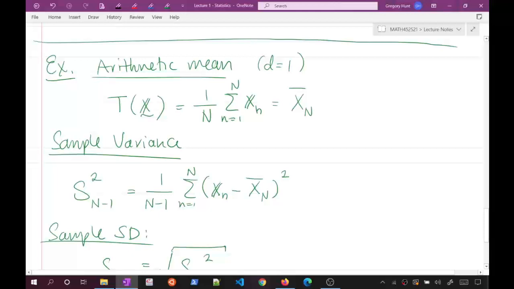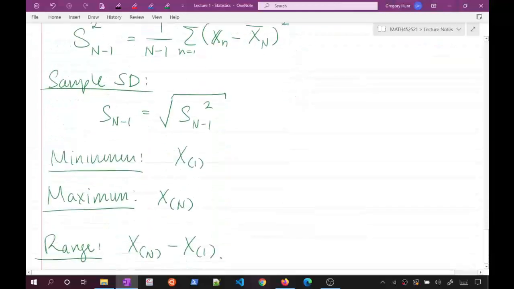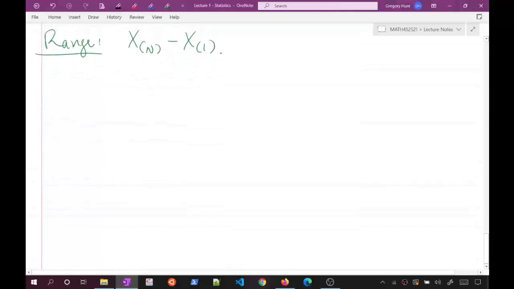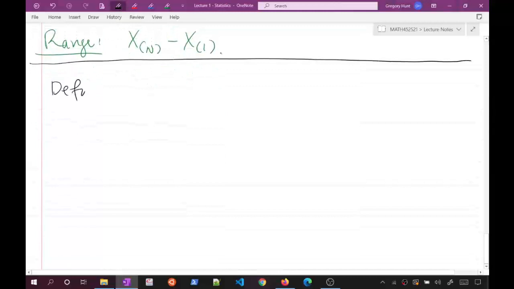What are the properties of the arithmetic mean if my data is exponential? Well, what I need to do is know something about transformations of random variables. And that's why a lot of 451 is kind of building up to this course, building up to transformations. So kind of underwhelming definition of statistics, which is basically just any function of random sample is basically considered a statistic. Another definition that you'll see is a sampling distribution.